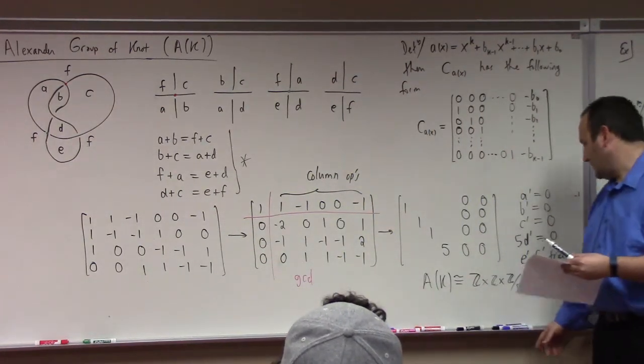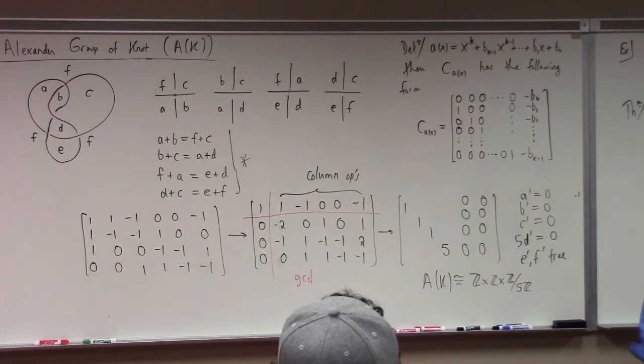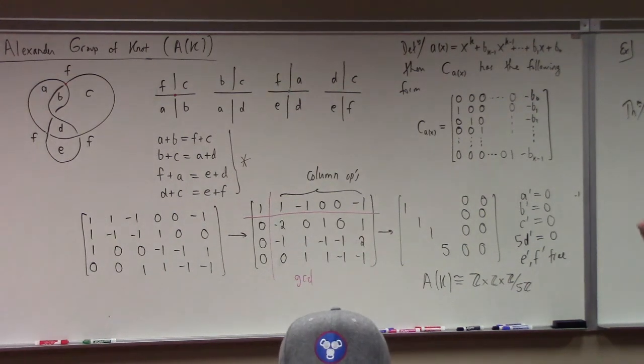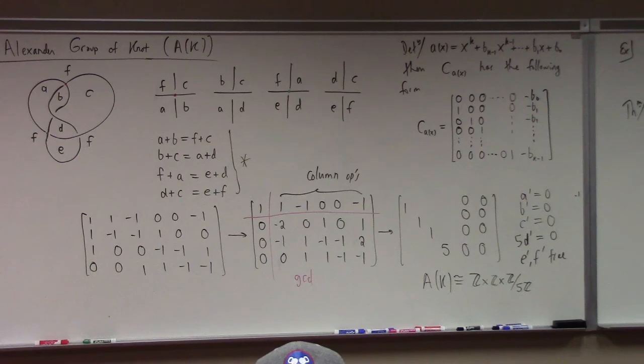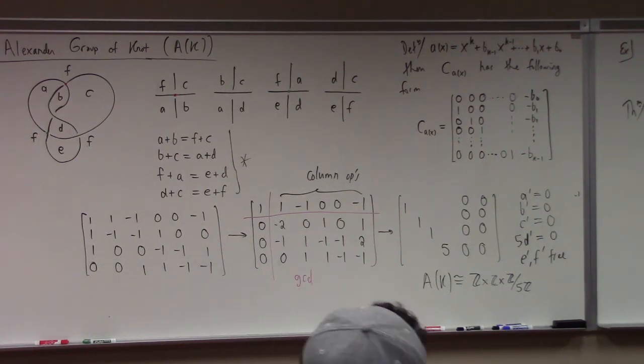No, not obvious. But this makes it obvious, which is the other principal use of the Smith normal form. It allows us to simplify abelian groups presented by generators and relations. And those are interesting because they come from things like group knots. So I thought the group knot would be fun because you see how to do it anyway.